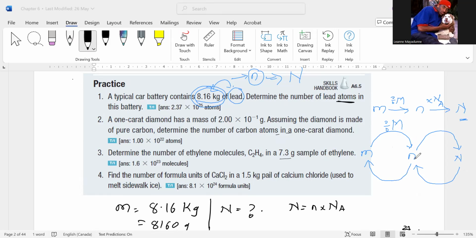If you want to convert number of moles to entities, then you multiply it by Avogadro's number. But if you want to convert number of entities to moles, you divide by Avogadro's number. And if you want to convert number of moles to mass, you multiply by the molar mass. If you want, you can copy this so that it is easy for you.